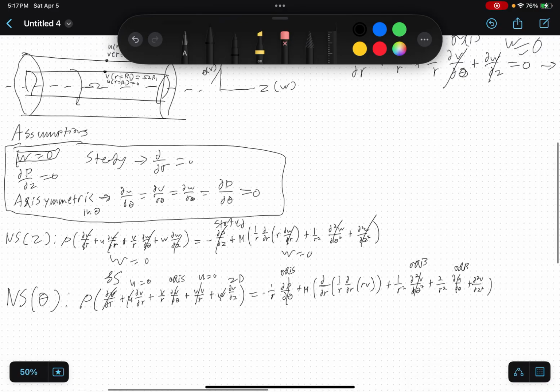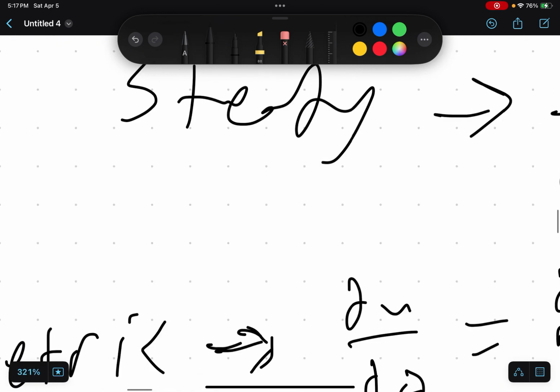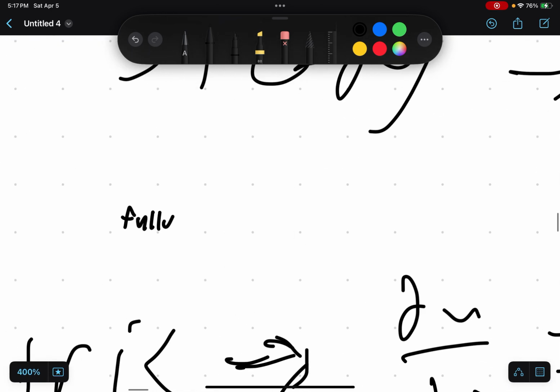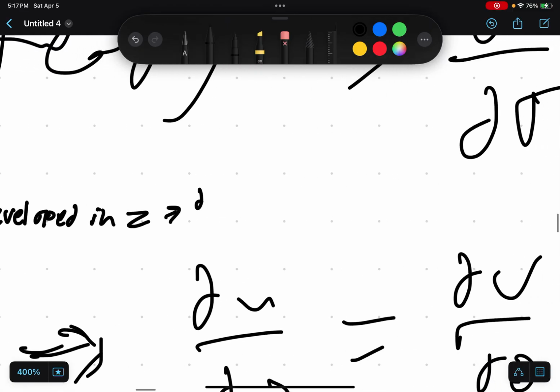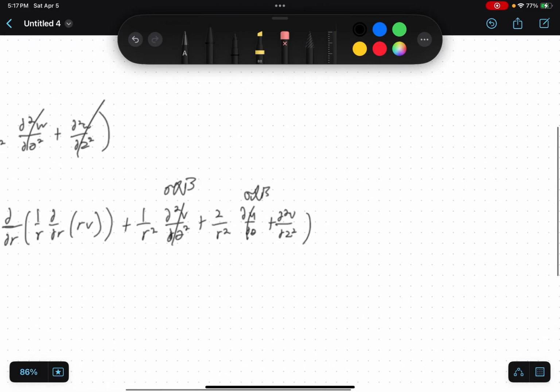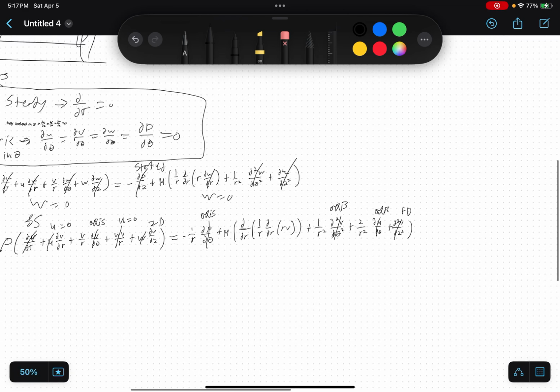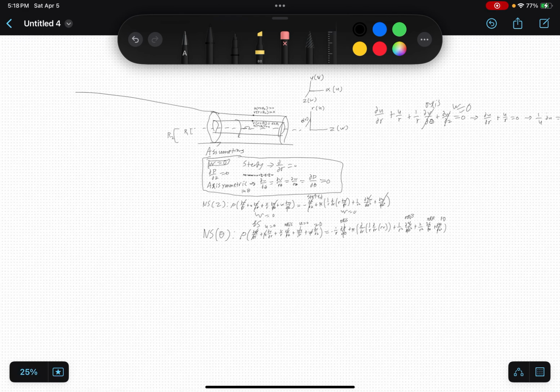It should be fully developed in z, because it's an infinitely long tube.